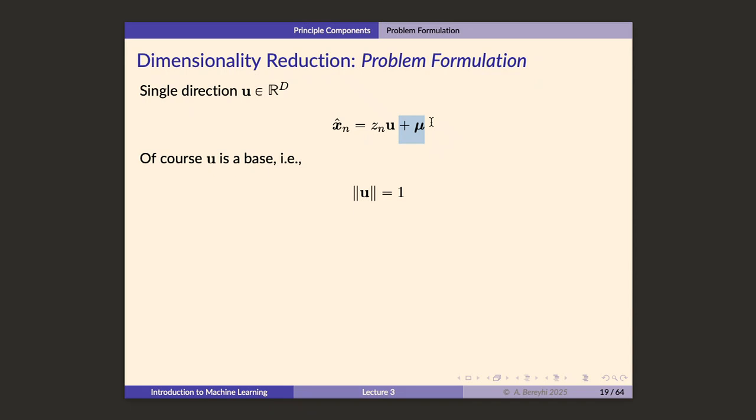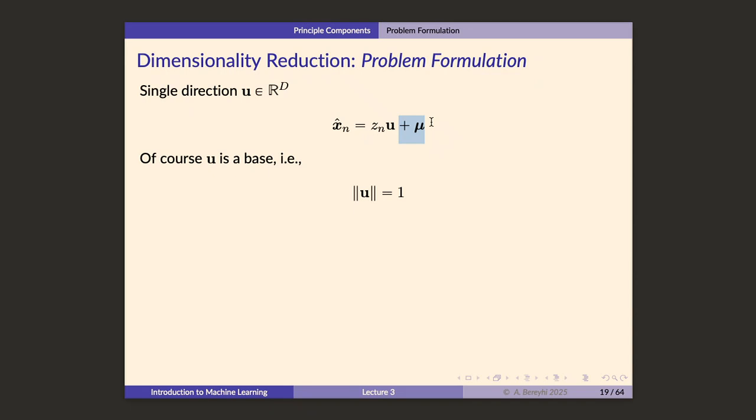So this mu is going to be 0 if I knew that this line is passing through the origin, right? But when the line is not passing through that, when it has a sort of bias, I eventually need to have some bias, right? So I can, at the end of the day, write this guy to be mu, the bias, plus some z, which is a number, it's not a vector anymore.